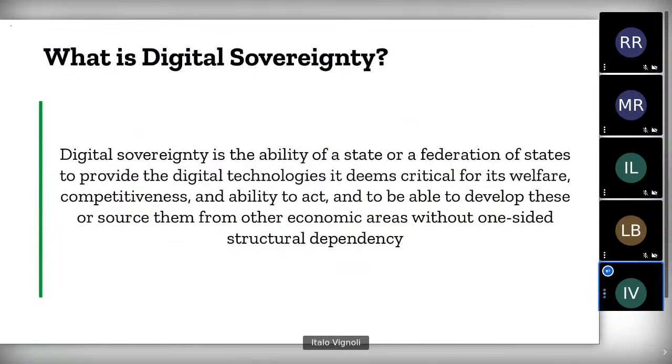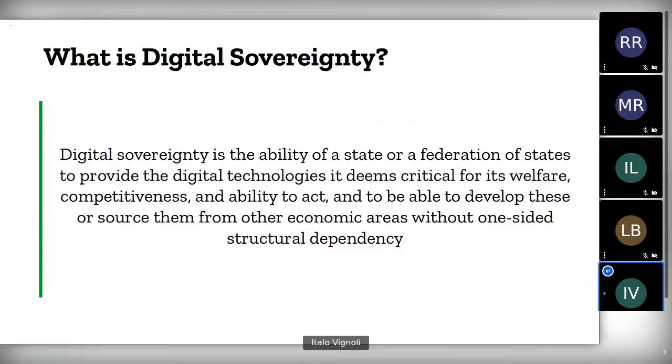The European Union has started an activity to at least understand and improve the level of digital sovereignty that we are experiencing so far.